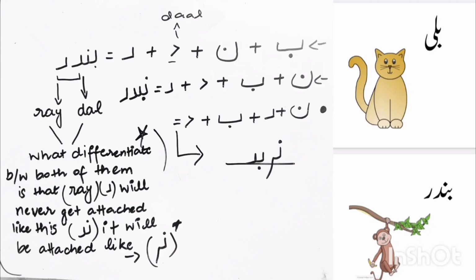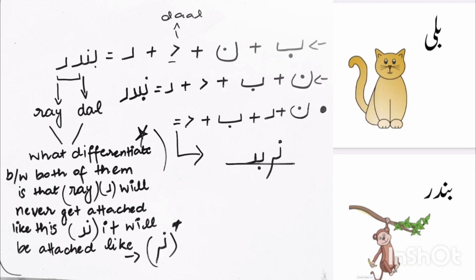When I write dal, I make it a little different, so you can also write dal like me for your understanding. So it's bay, noon, dal, and re: ban, dar. You can see that re also didn't get attached with dal. So you can write that re will not attach with the dal family either.